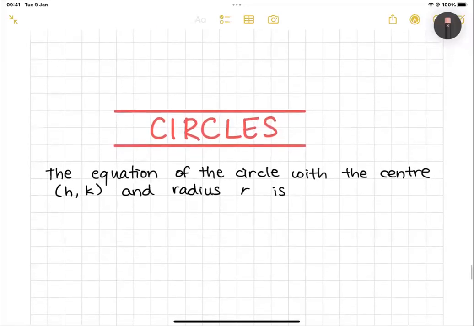So in this case, the second equation is the equation of the circle with center h, k, which is a different center other than 0, 0, and radius r.